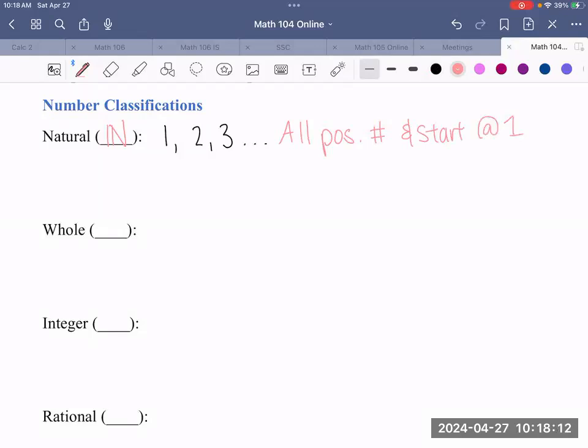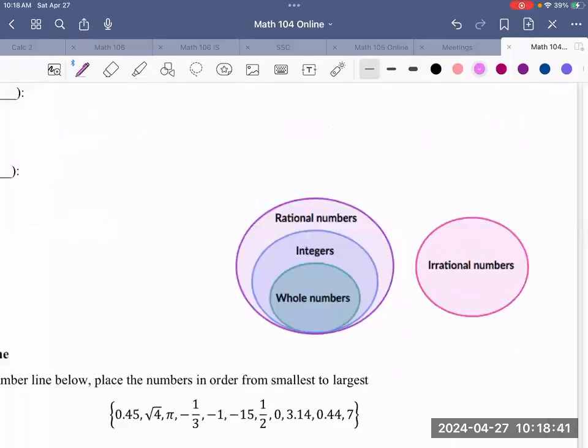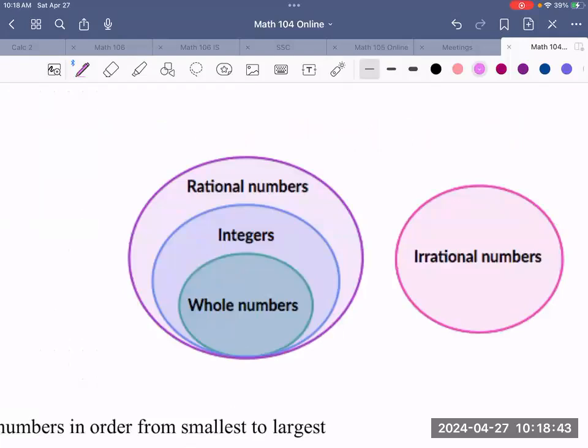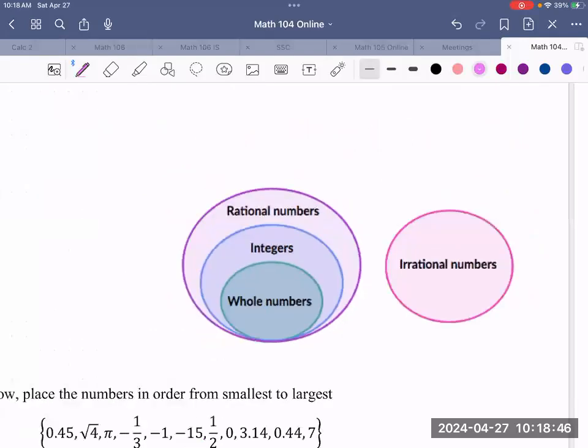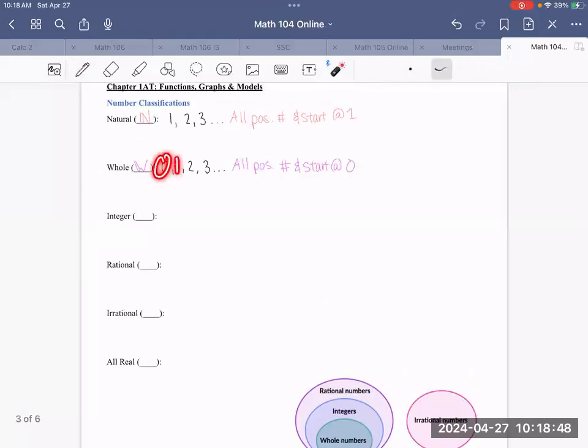Now, whole numbers are probably what you're thinking of before. So whole numbers look like a double bar with a W, and those are the ones that start at 0. 0, 1, 2, 3, and again, tick all the way up. So these are still all positive numbers, and they start at 0. Now you notice down here where you have whole numbers, we said whole numbers contain 0, 1, 2, and 3.